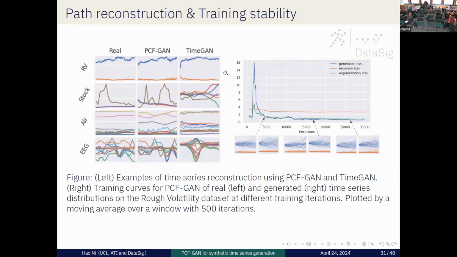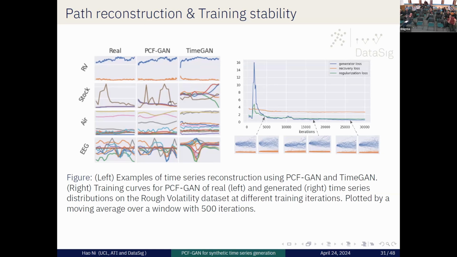So I want to highlight the path reconstruction functionality of our PCF-GAN. Here the leftmost column shows a path from the real data. And given the embedding and the trained generator, we are able to reconstruct the path.